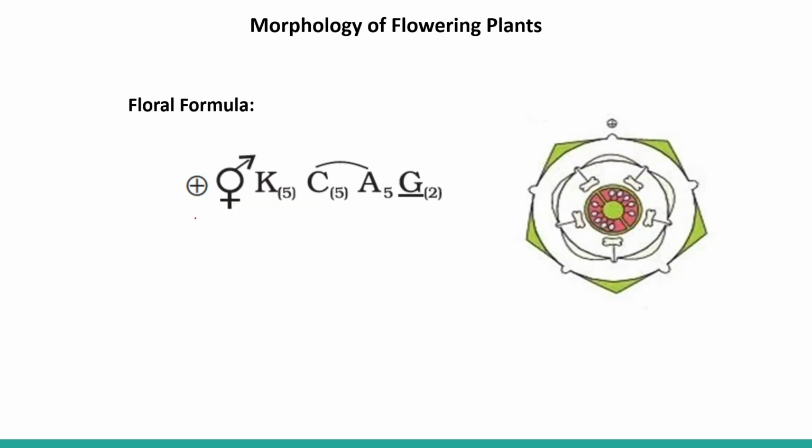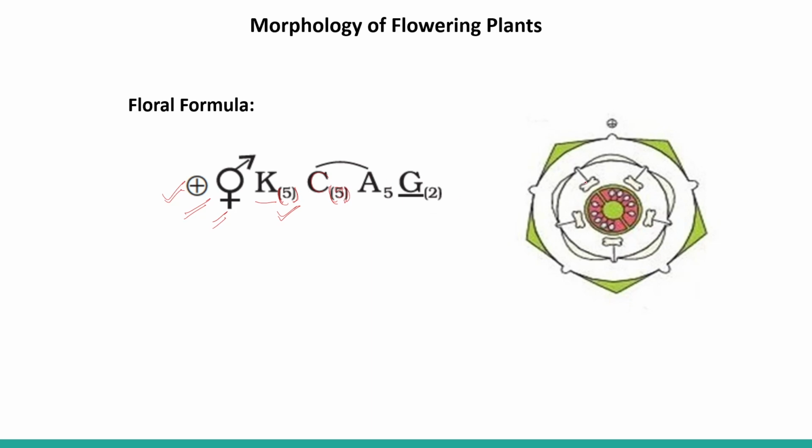So here comes the formula. We have discussed that Solanaceae has an actinomorphic, bisexual flower. Calyx number is 5, but they are united, so we will write 5 in bracket. Corolla, that is also 5 and it is united, so again we will write it in bracket.